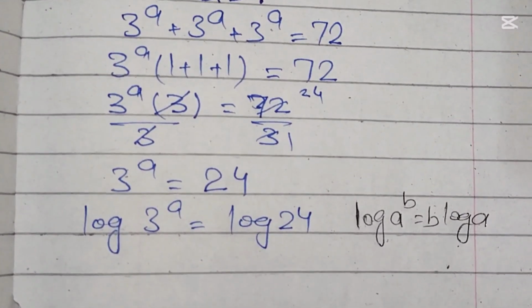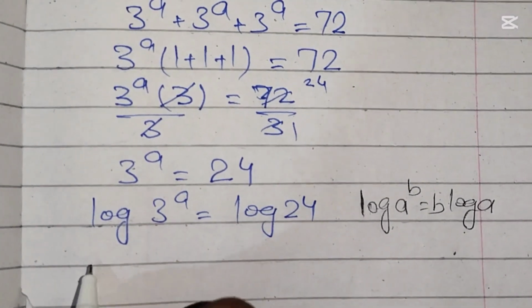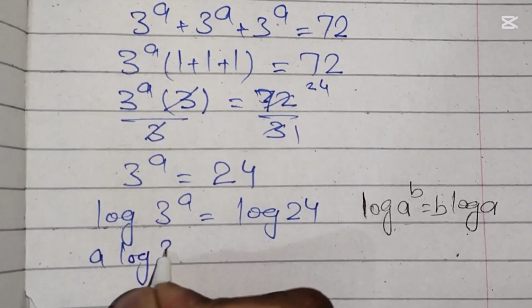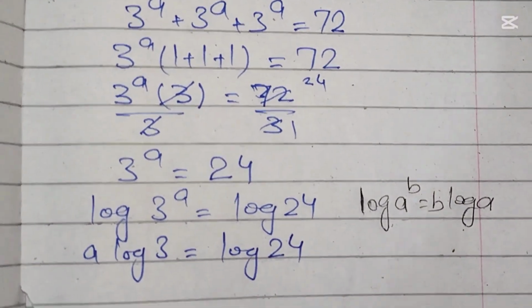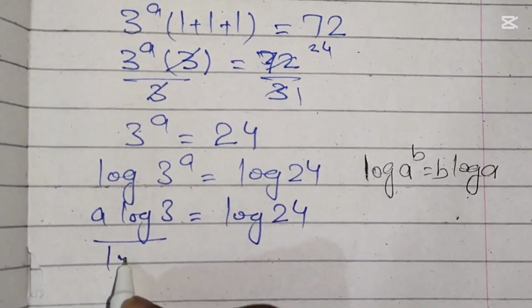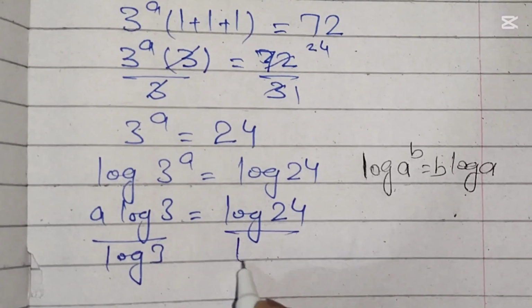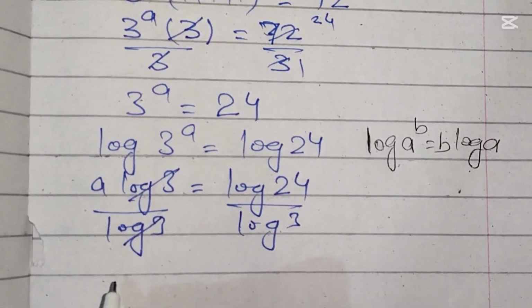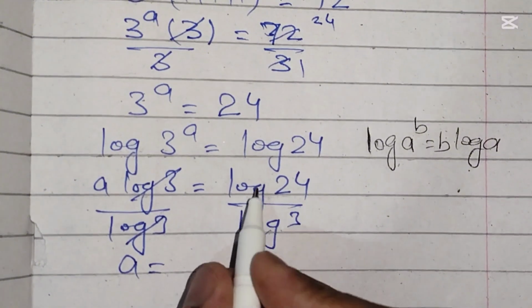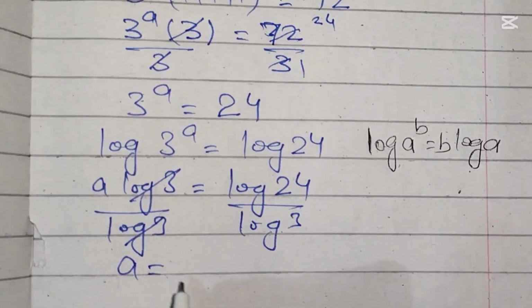It will be a times log of 3 equals log of 24. Divide both sides by log of 3. Log of 3 cancels with log of 3. a equals log of 24 by log of 3.